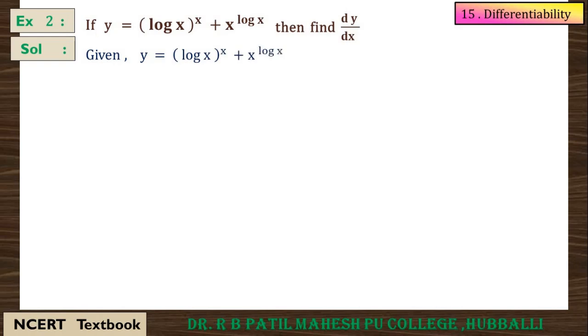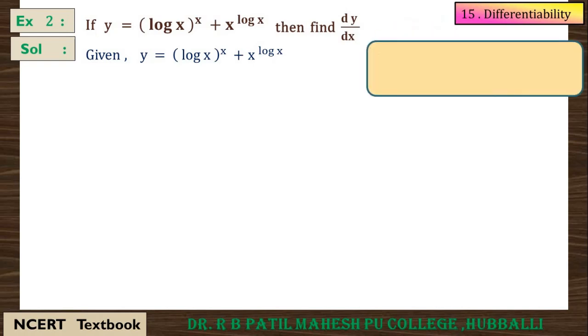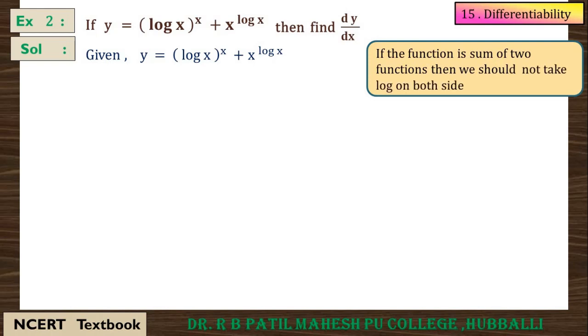Given y is equal to (log x) raised to x plus x raised to log x. So remember this point. If the function is a sum of two functions, then we should not take log on both sides. Then what is the technique? The technique is very simple to find dy by dx.